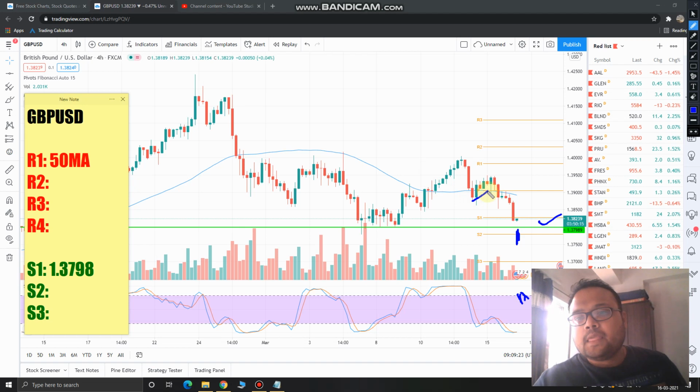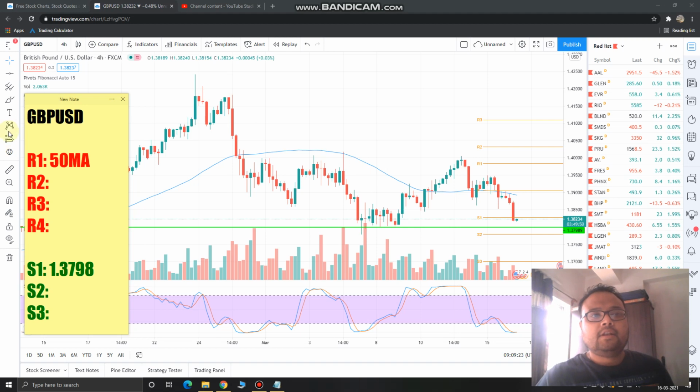So wait for the stochastic RSI. Though market is trading below this line, wait for the stochastic RSI to go to the overbought zone. When it will be going towards the downside from overbought zone, then you go ahead and short the market. So these are the two simple strategies that you can follow for GBP USD for 17th March.